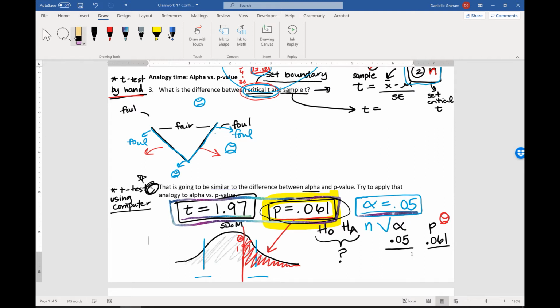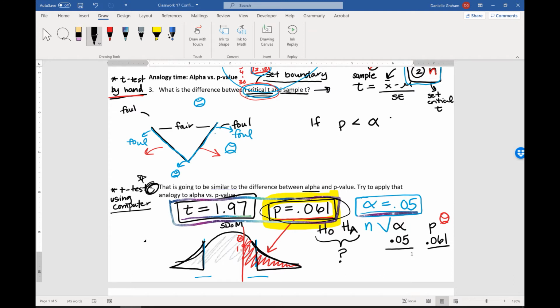So we want to compare our alpha versus our p. So if p is less than alpha, then that means we're in our foul areas.